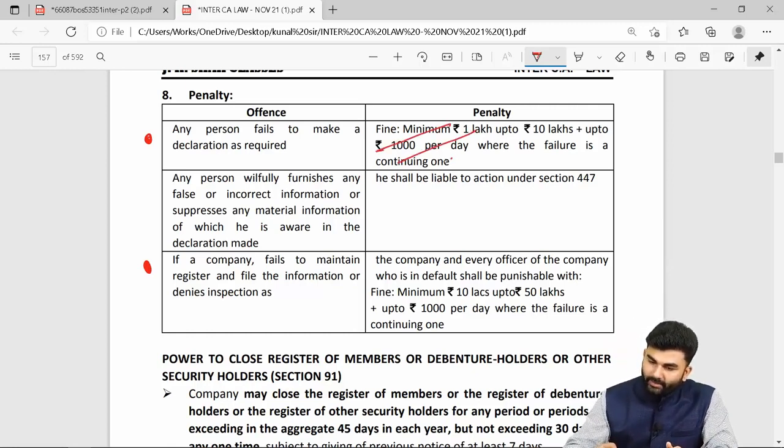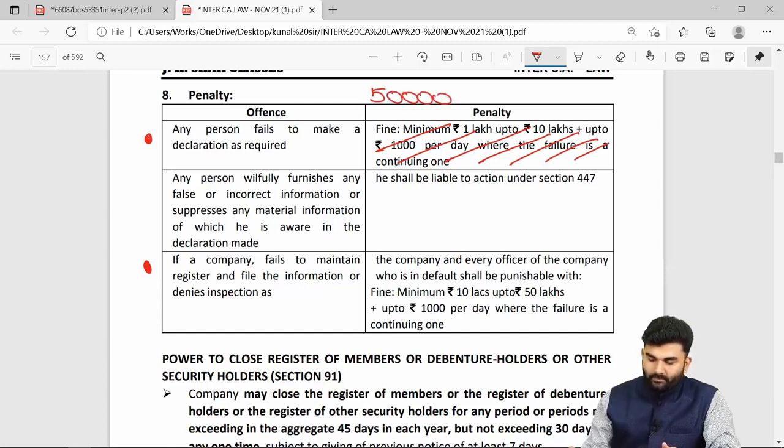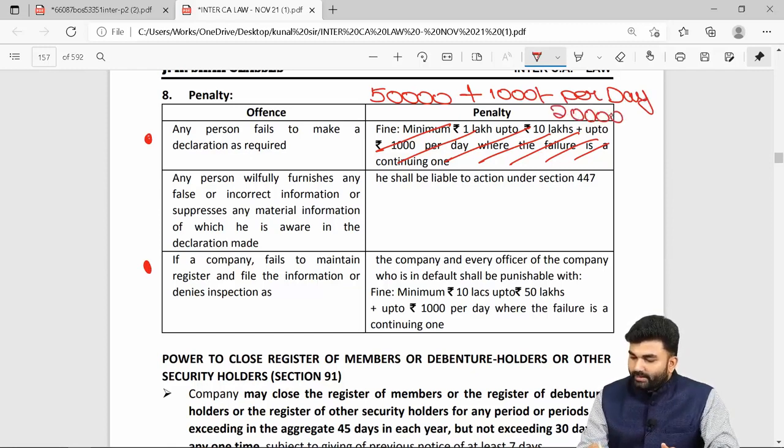In penalty number 1, you need to write down the words 50,000 rupees plus 1,000 per day when the failure continues, subject to a maximum penalty of rupees 2 lakhs.